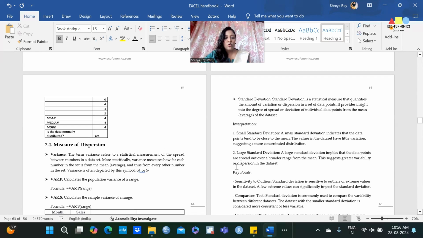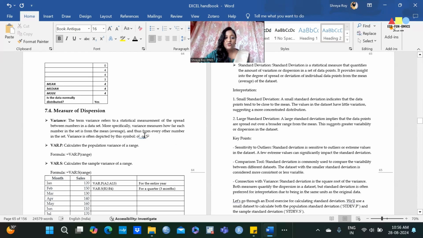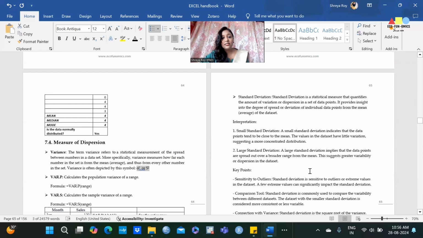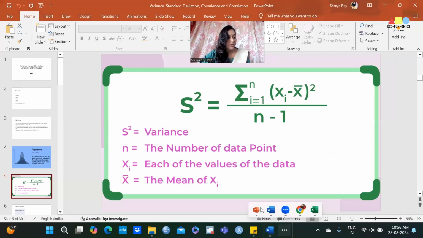Variance is represented as sigma square or S square, whereas standard deviation is the square root of variance, and hence it is represented as sigma or S. If I can show you a PPT.